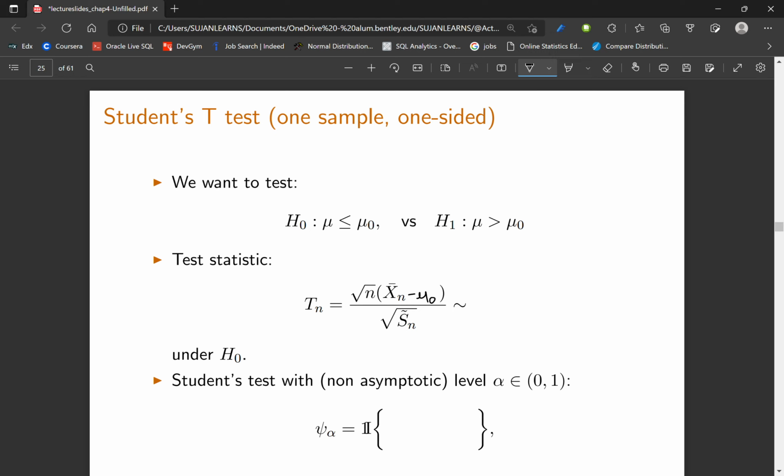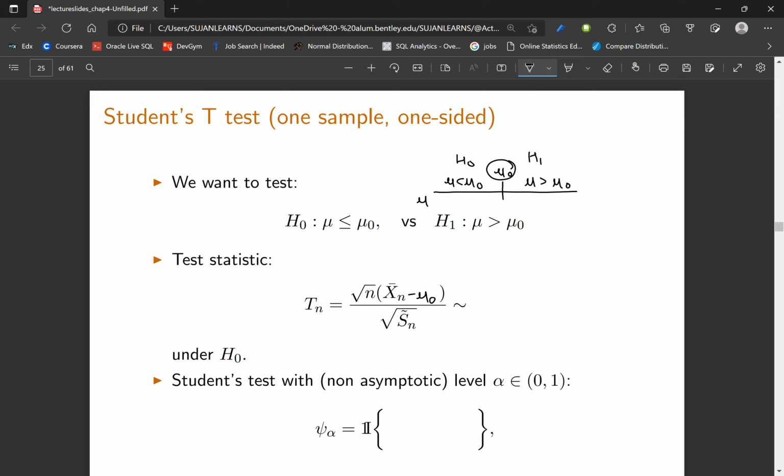That is, if this is mu 0 and this is mu, then mu is less than mu 0 and mu is greater than mu 0. Therefore, if this is H0 and this is H1, then the closest to the alternative hypothesis is mu 0, and that's why we will choose mu 0 here.